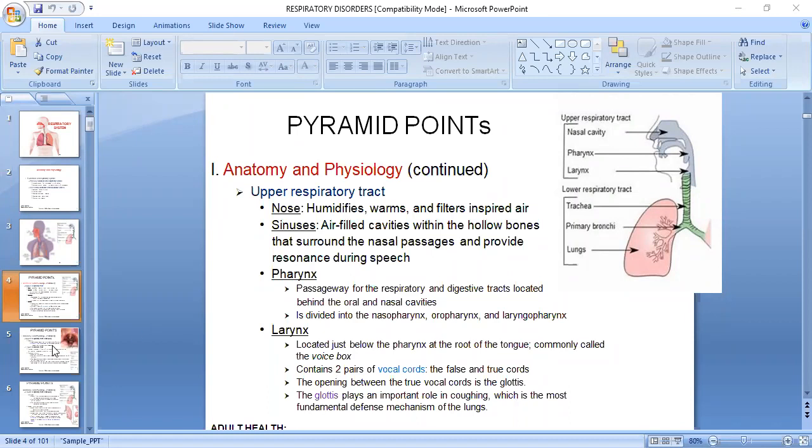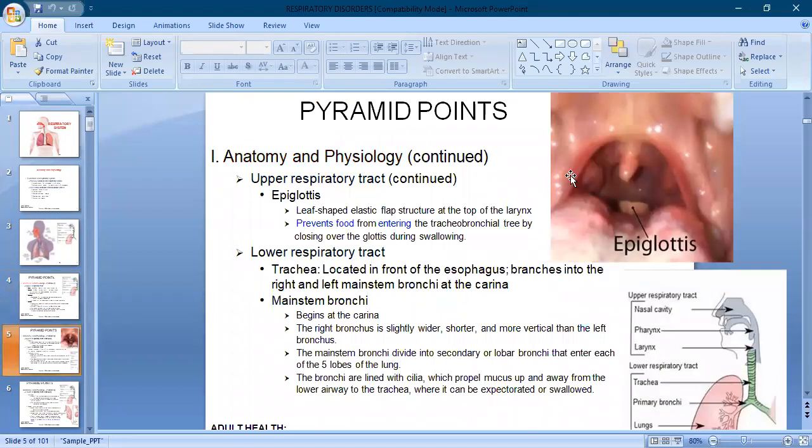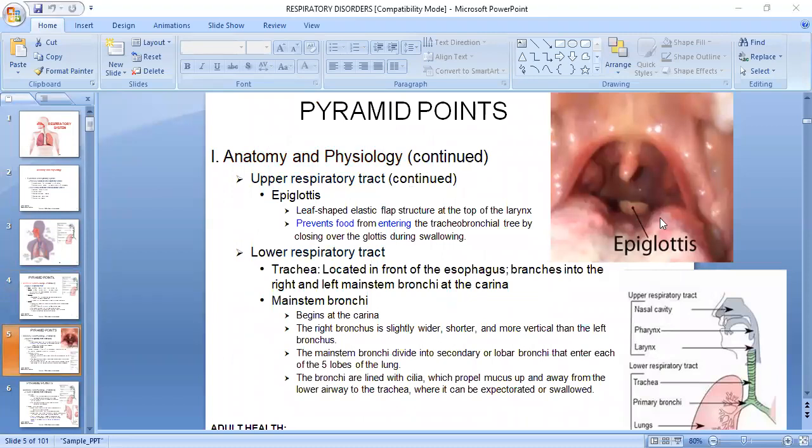Now this picture shows the epiglottis. When we eat something, the epiglottis closes the respiratory system, and sometimes infection occurs in the epiglottis, and this is called epiglottitis.